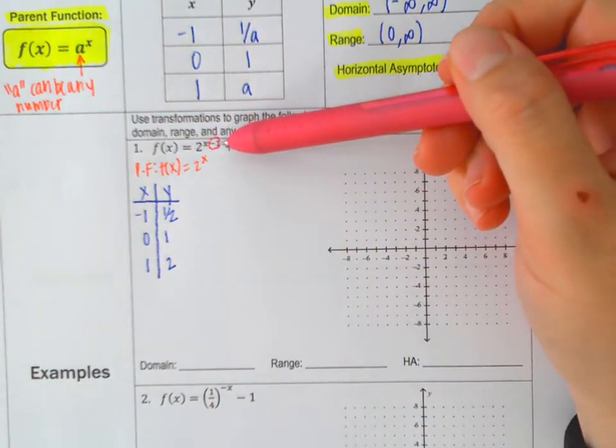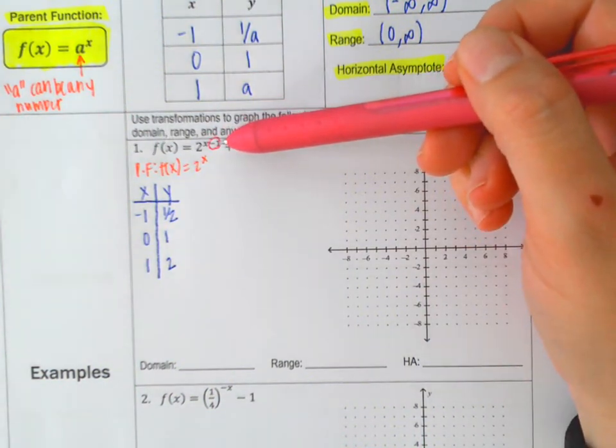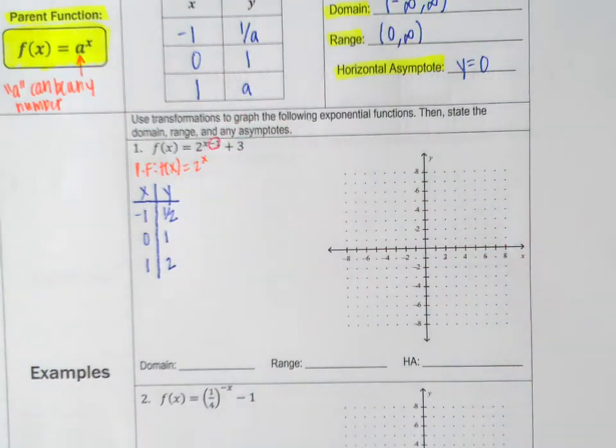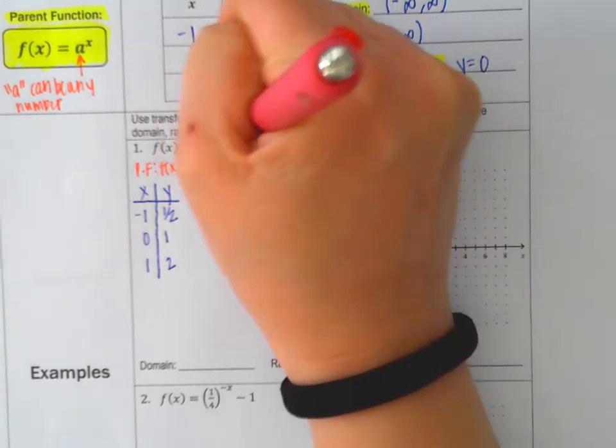If you're wondering, it's within the function, because it's part of the exponent. It's part of that variable, attached to the variable. So this is within the function. When it's within the function, is it a change to the x, or is it a change to the y? And if you're saying it's a change to the x, you would be correct.